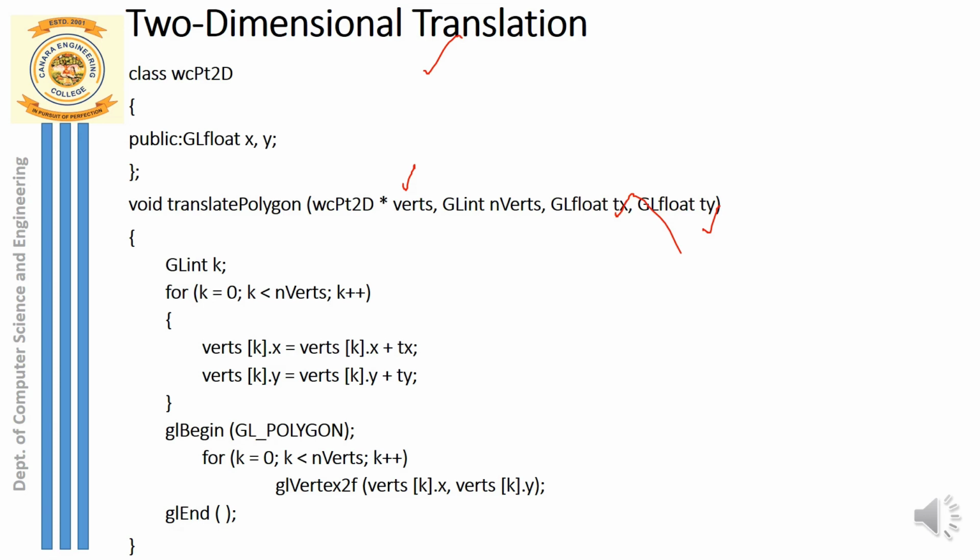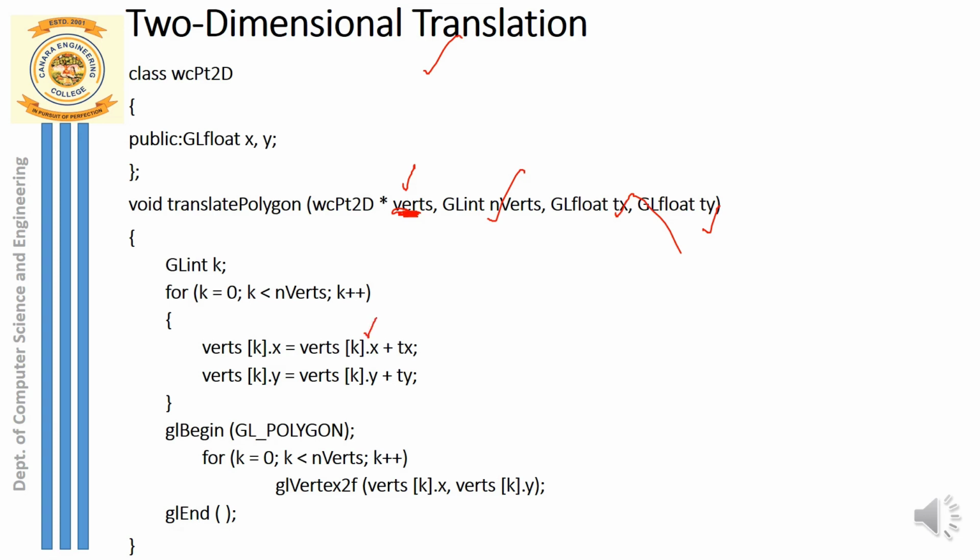Now I'm going to take 2 sets of vertices. One set is for the new points that you calculate after translation, and you also have the old set of points which has to be taken. I can do this within the loop. So how do I calculate the new set of coordinates?